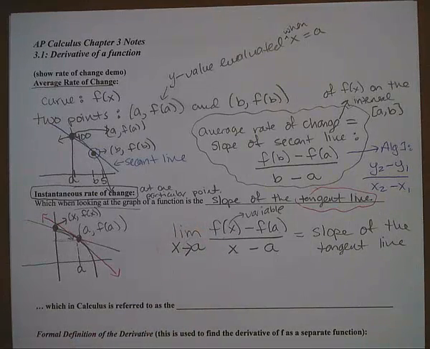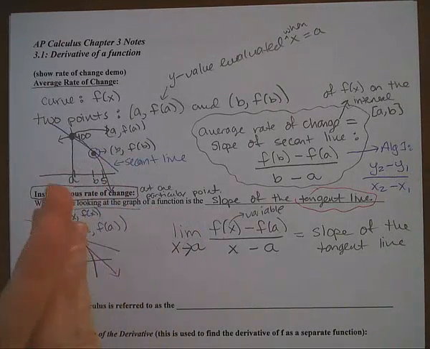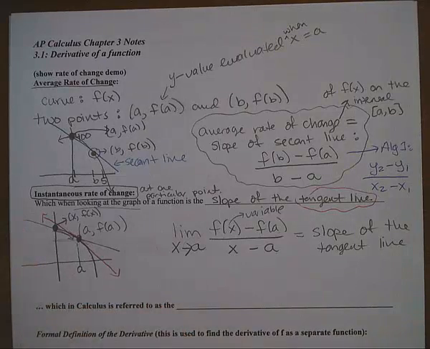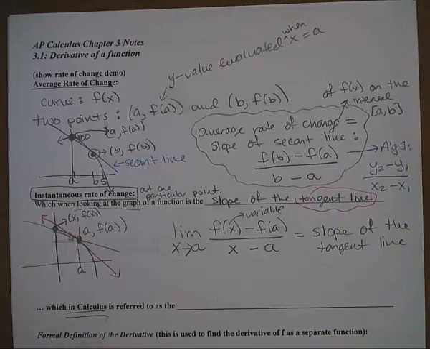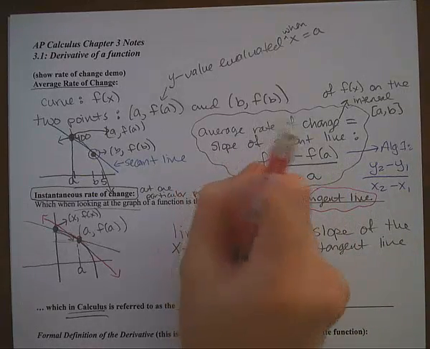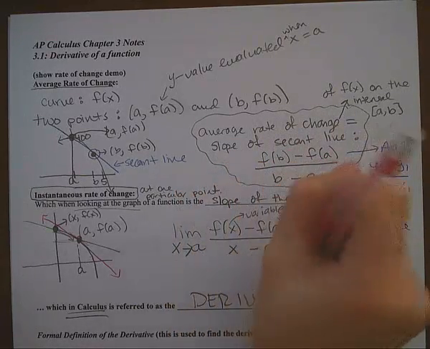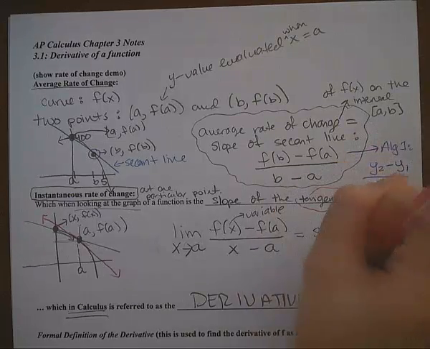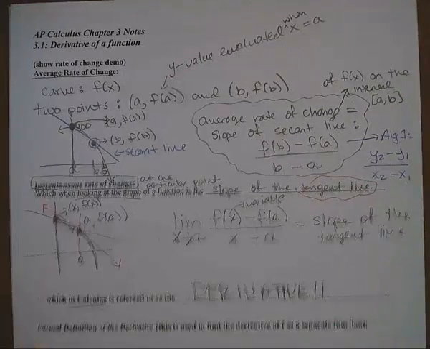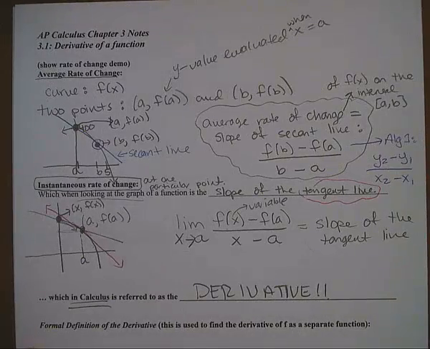This, the calculus, sliding the two points together until they basically become the same point, that's the slope of the tangent line. Well, in calculus, this is referred to as the derivative. That's what the derivative is. It's the slope of the tangent line.